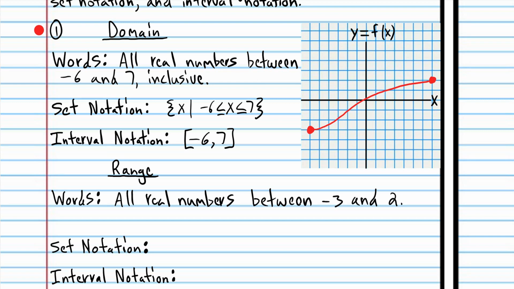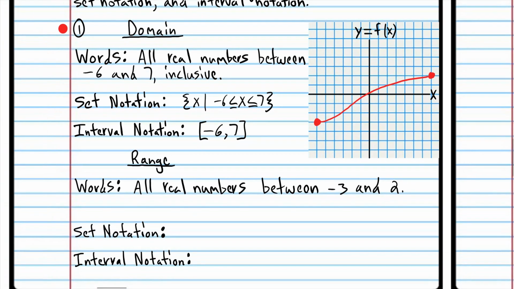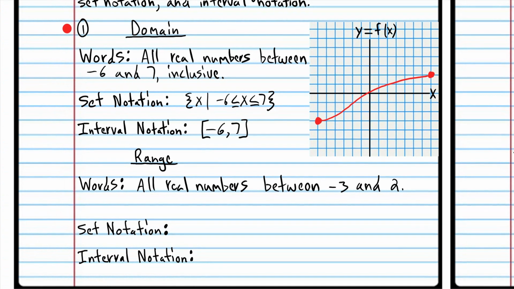So the graph doesn't go beyond that upper point or below that lower point. So that means that all these points, their y values have to be between -3 and 2. And we also have to say inclusive.